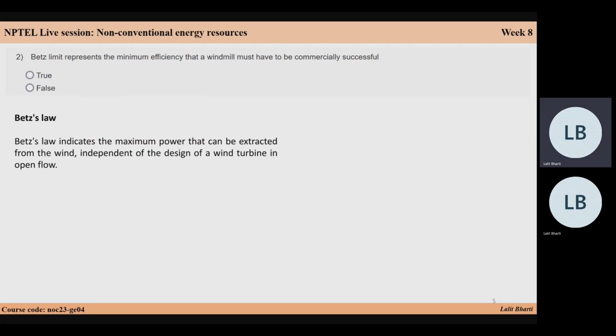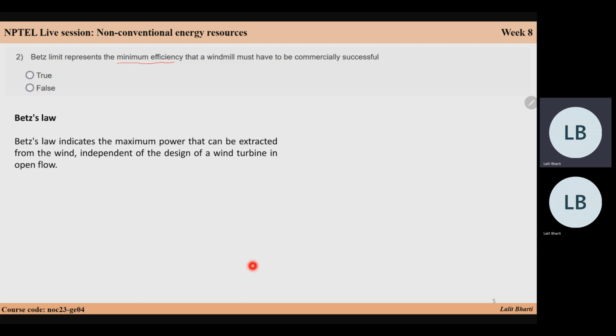Now we'll see the second question, which is about Betz's limit. The statement is that Betz's limit represents the minimum efficiency that a windmill must have to be commercially successful.